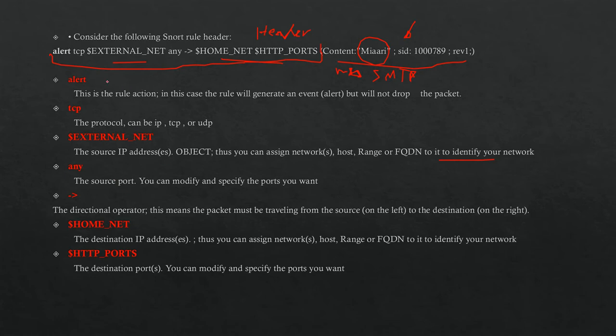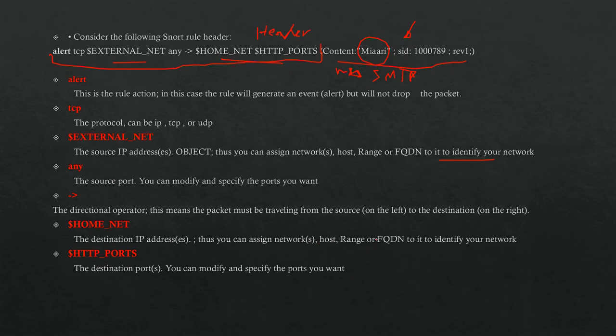Also, this rule could be, for example, alert TCP any, where instead of external network it could be any, going to home network, any, not HTTP ports, any. Or it could be very simple: alert TCP any going to any, and put the content you want or the message you want.